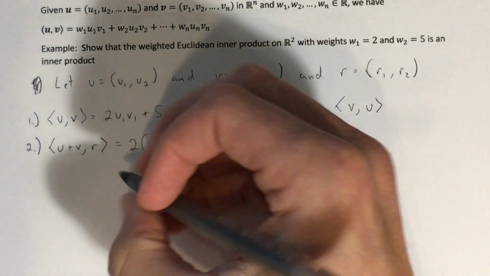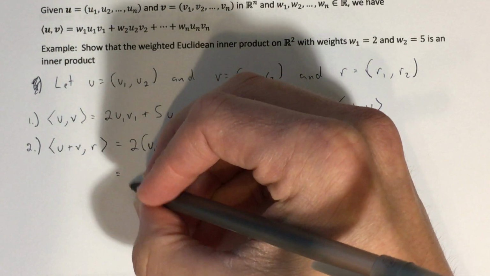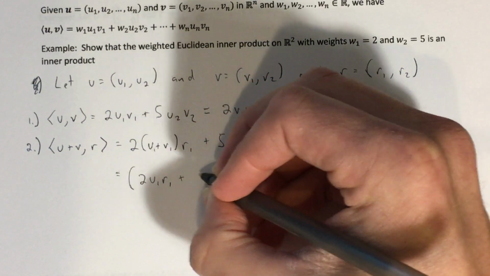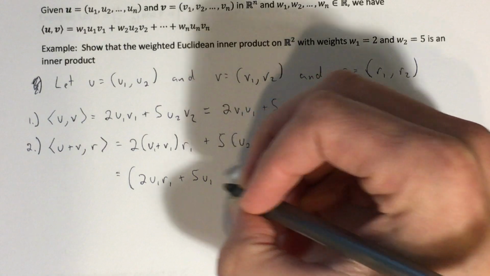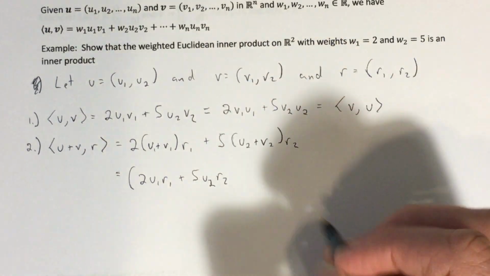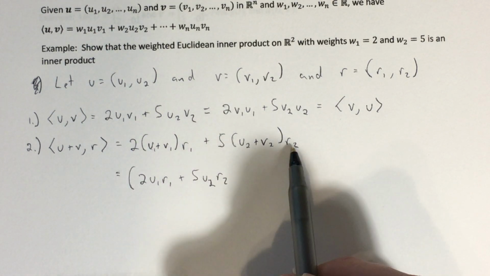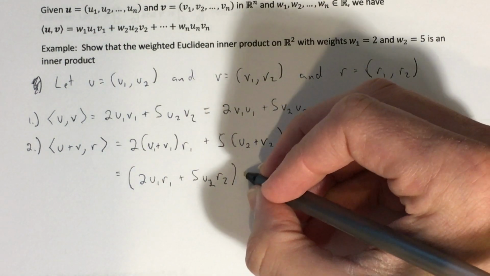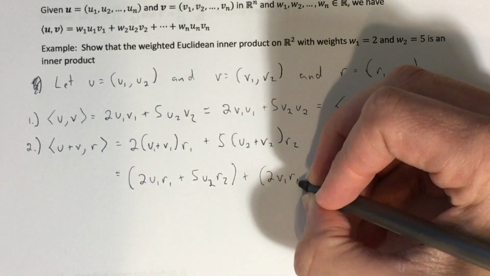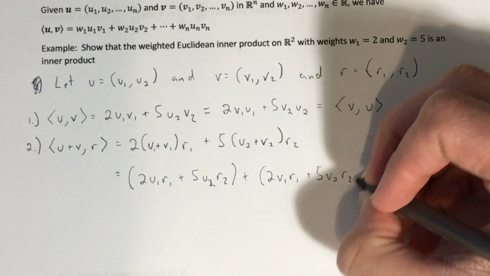If I distribute the R in and then regroup some things, I could write this as 2 U1 R1 plus 5 U2 R2. Notice that's grouping this term after distributing the R1 and this term after distributing the R2, plus 2 times V1 R1 plus 5 times V2 R2.